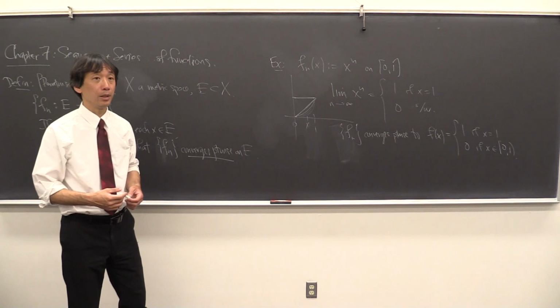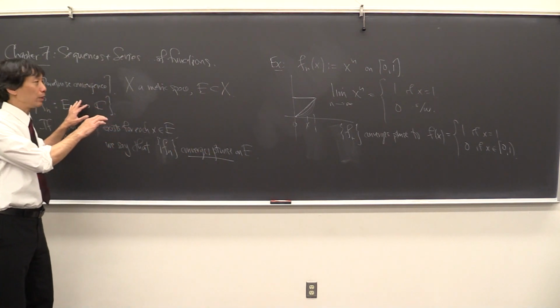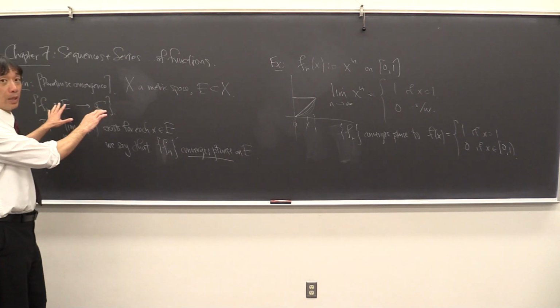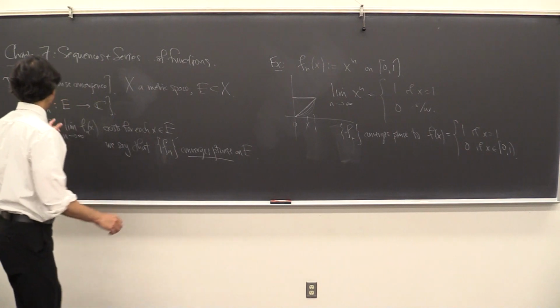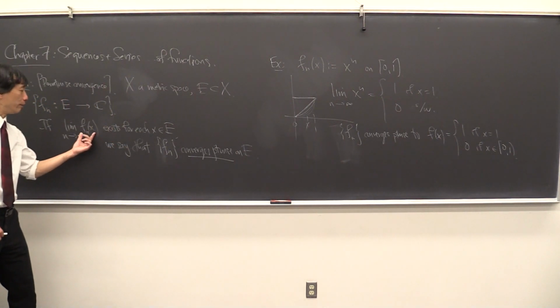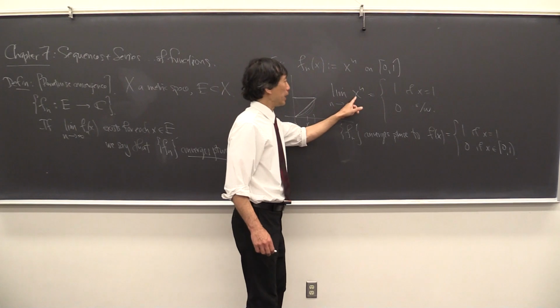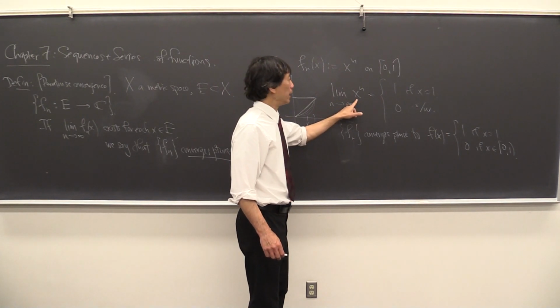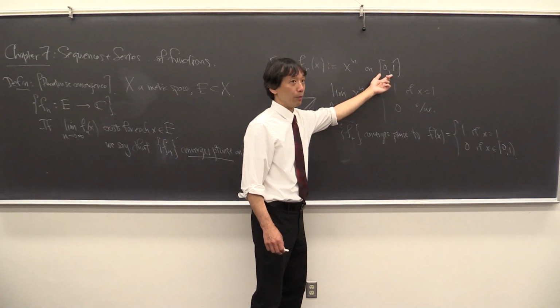Okay, so we're just talking about this notion of pointwise convergence. You've got a sequence of functions, and at every point, the limit of the sequence of functions converges to something. So the example here is x to the n on [0, 1].